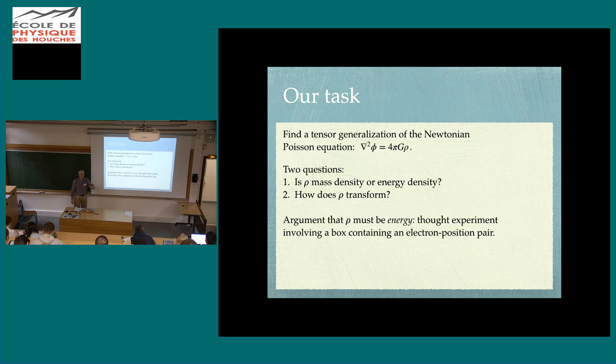So if energy is the source of the gravitational field, then there's no difference in the gravitational field created by the box if the energy is in the form of an electron-positron pair or if it's in the form of two photons. It's still the same amount of energy, still the same amount of energy density.